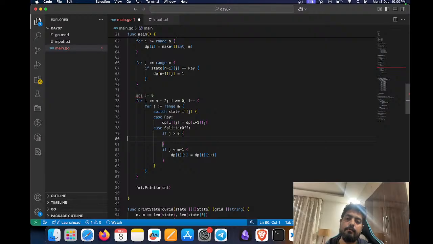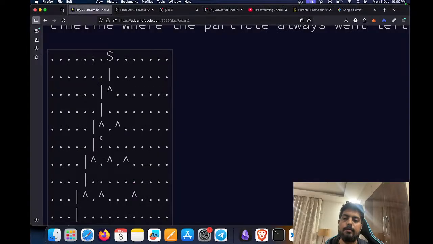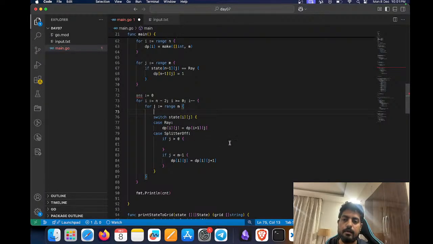Actually, we must handle this ray case separately and the splitter case separately, because then we will run into the same problem where we are modifying this, but since this hasn't been modified yet, we are not counting it as part of the splitter. I think that would be better, but I'll just write it for now.